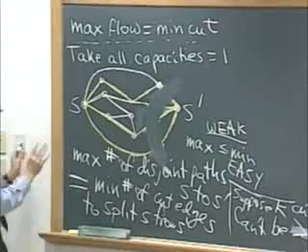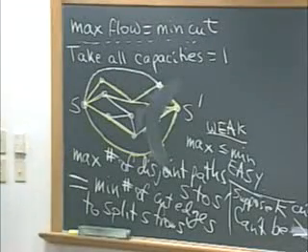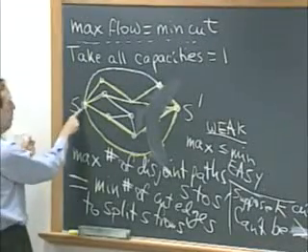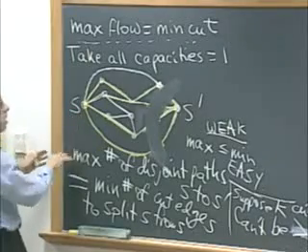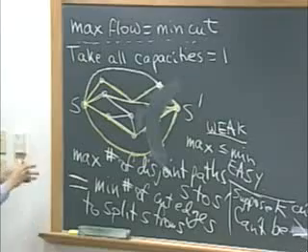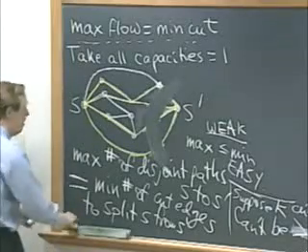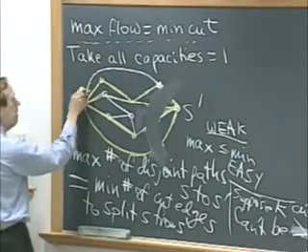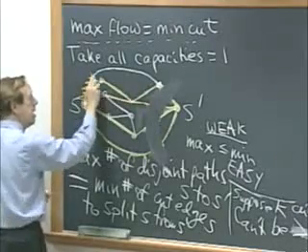That's interesting. Okay, now I may find another cut here. So I group with the S all the nodes to which I could still send one more. Okay, let me see. So with S, I keep this node because I could still send one more to that.